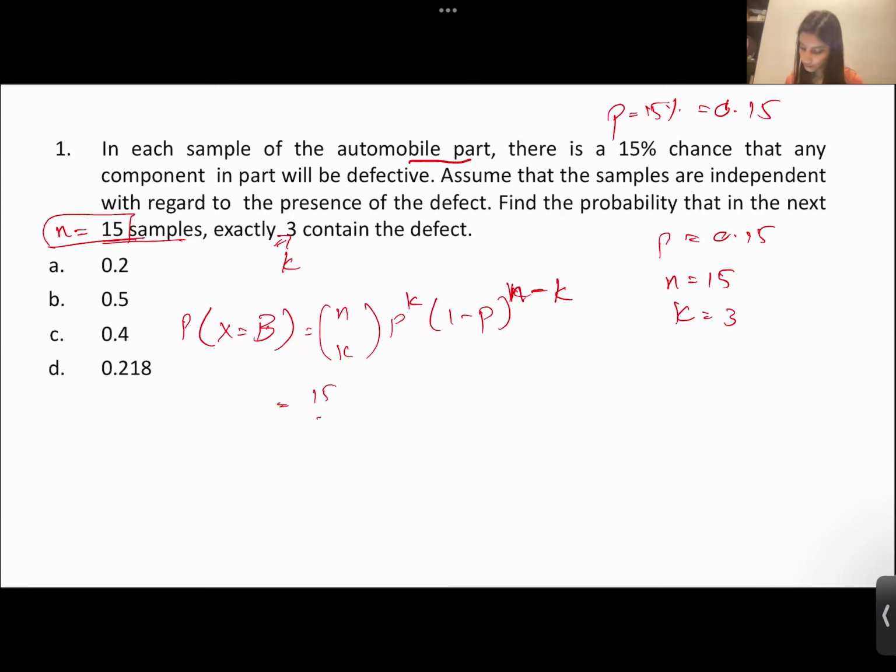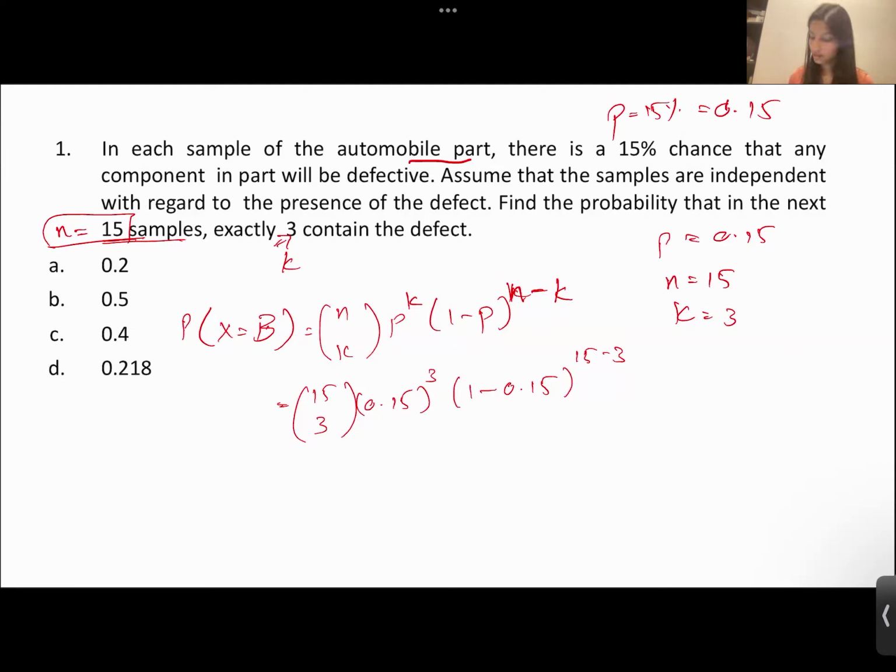N is 15, choose 3, 0.15 power 3, 1 minus 0.15 power 15 minus 3. If you just solve for this, you'll get the answer.